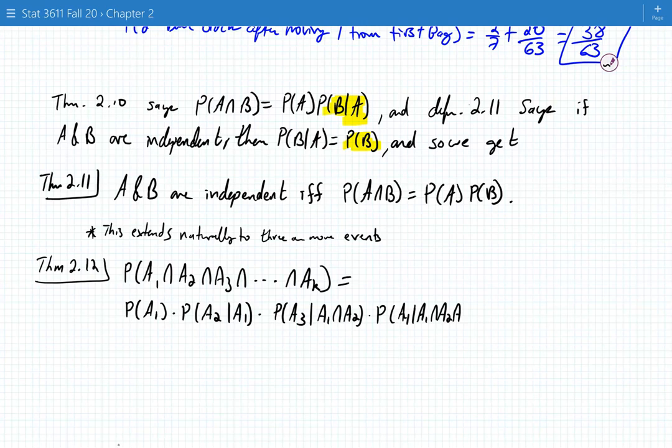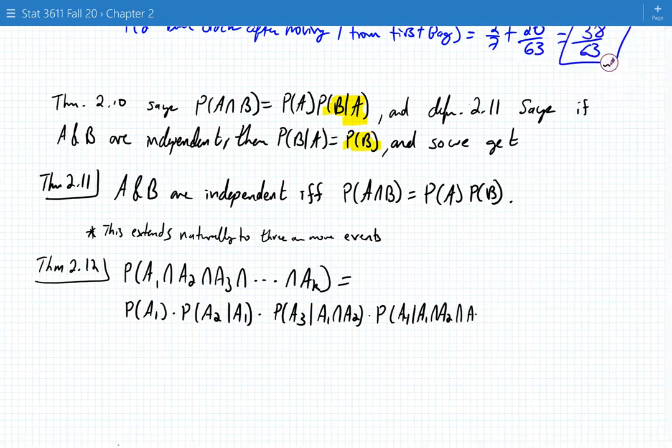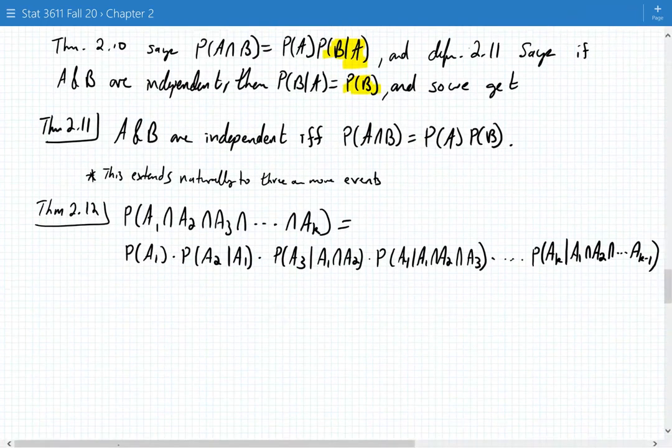Let's straighten that up here real quick. Got my A's and my intersection symbols there. And I think we get the idea here though, right? Times all the way to the kth event, A sub k, given A1 intersect A2 intersect yada yada yada, A sub k minus 1, the most previous event. All right. So we have that. That's sort of an extension of the multiplicative rule here, okay?